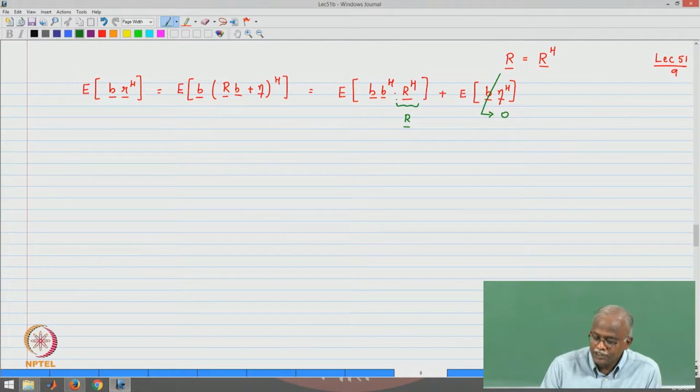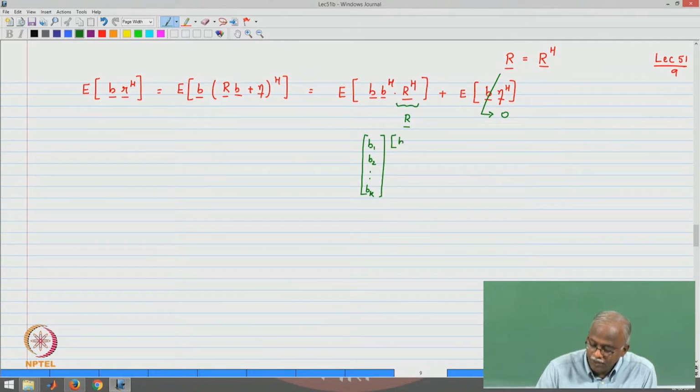Even in the first term, R is a constant matrix. So, what we are interested in is B B Hermitian, where B is B1, B2 up to Bk, the number of users, times B1, B2 up to Bk.